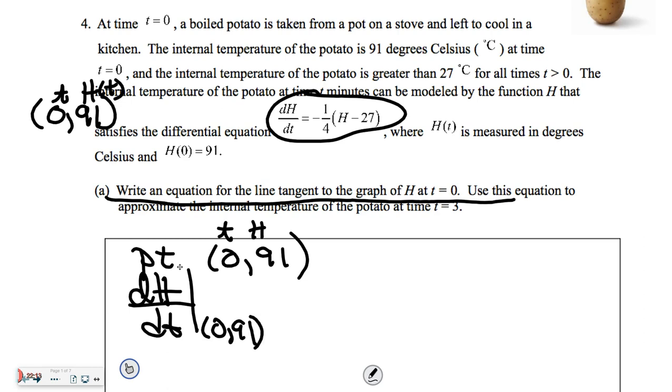Here came the first issue. It says it equals negative 1/4 of h minus 27. It's kind of like 1/4 of y minus 20. Do you see how it's a function of the second variable, not the first? So what should we be plugging in for h? 91. What do you think a lot of kids across the world plug in because they're so used to it?